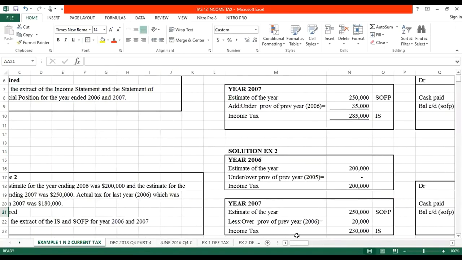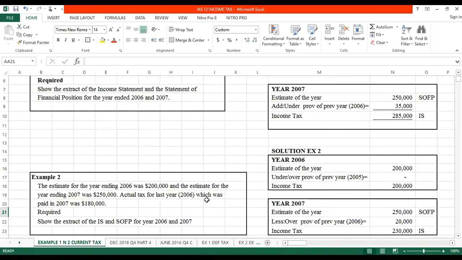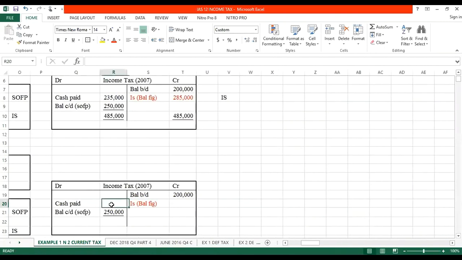The cash paid was the actual tax for the year, which was paid, 180,000. Cash paid was 180. Now, the total, of course, is more. That plus that, what does it give you? 430. So your total is 430.